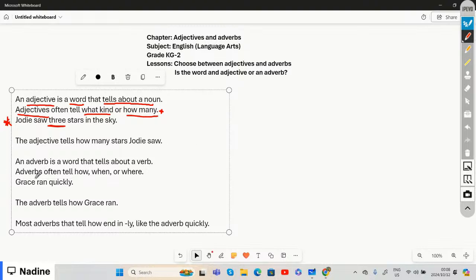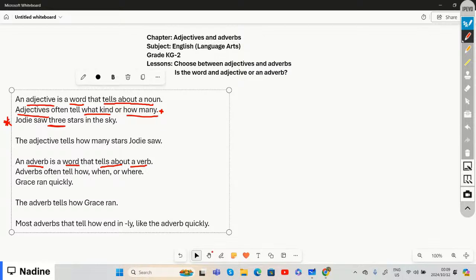And then we have our adverb. An adverb is a word that tells us about the verb. Remember, a verb is the action that is taking place. Yes, well done. Three is correct. So the verb is an action that takes place, which means that the adverb tells us about the verb.